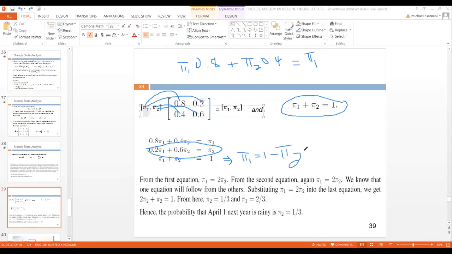So if we are to substitute what we've just had here into any of these equations, just one of them, we can substitute it into the first equation and then solve for pi 2. So do that for me. Substitute the third equation into the first equation and then solve for pi 2 and subsequently pi 1 as well.